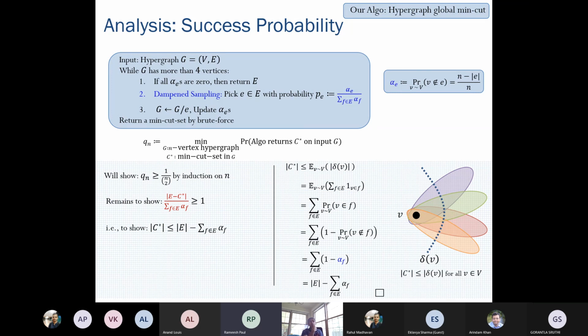Yeah, that's only for k at least 3. So in fact, you can solve global min cut in hypergraphs by solving min ST cut in hypergraphs, but that is not helpful for k equals 3. So that approach is not a viable angle for k equals 3. I see. Okay. But this problem for k equals 2 can be computed via that approach. Yeah, it can be solved via that approach. Okay.